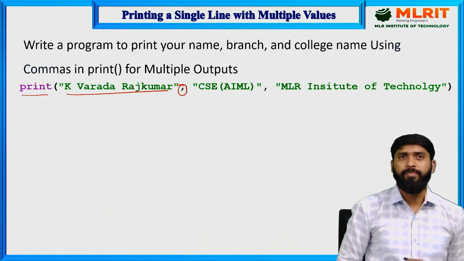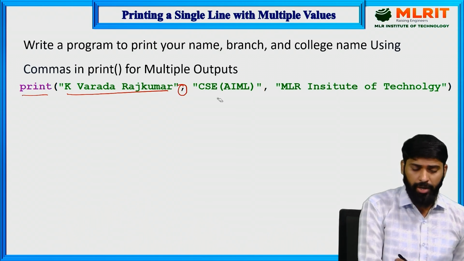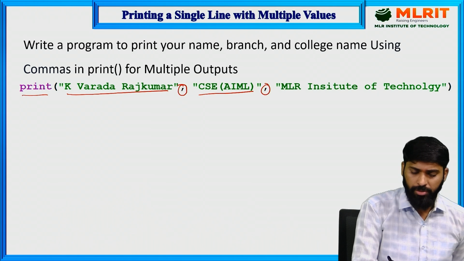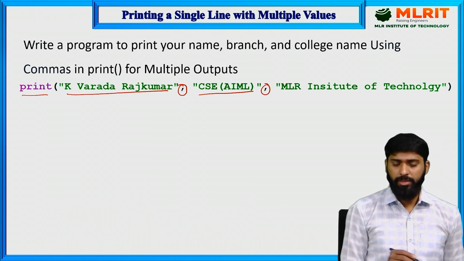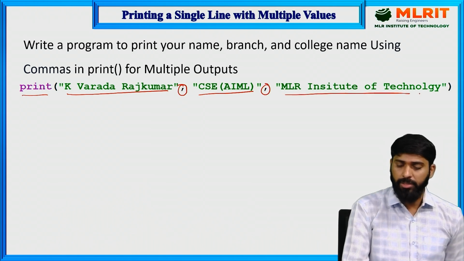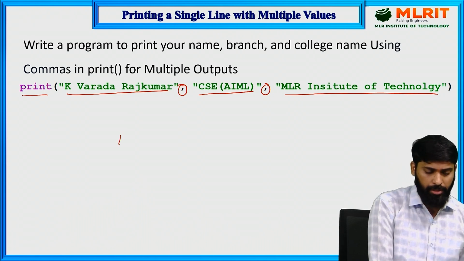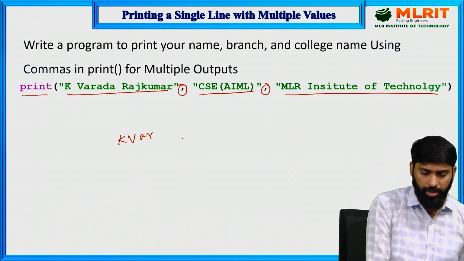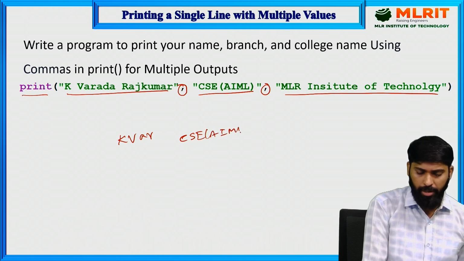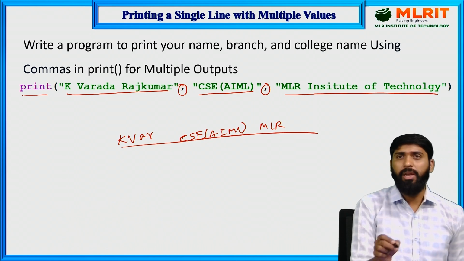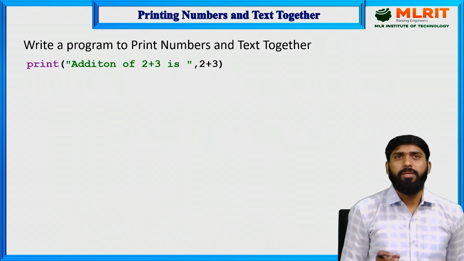After this I write the branch name here, again I use a comma here. So this is the last message. Now, coming to output, it prints K Varada Rajkumar, CSE AIML and MLR Institute of Technology in only a single line.